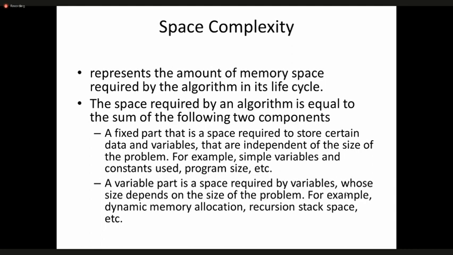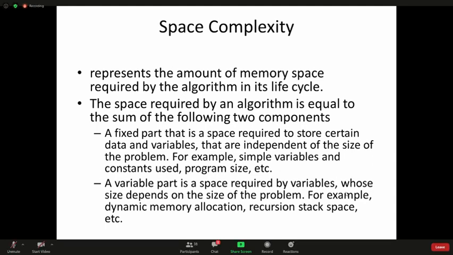As an example, simple variables and constants used will be considered in the program size. Second one is the variable part. Variable part means there's a variation. Variable part is the space required by the variables whose size depends on the size of the problem.